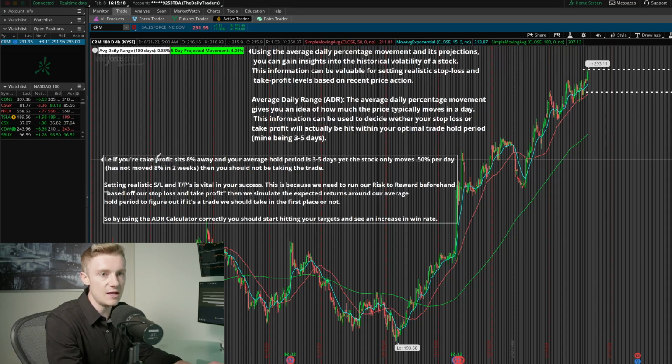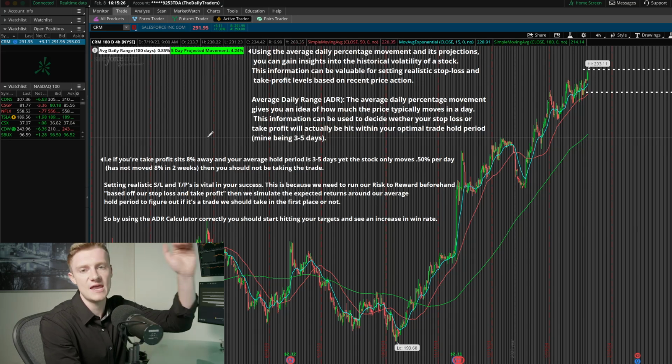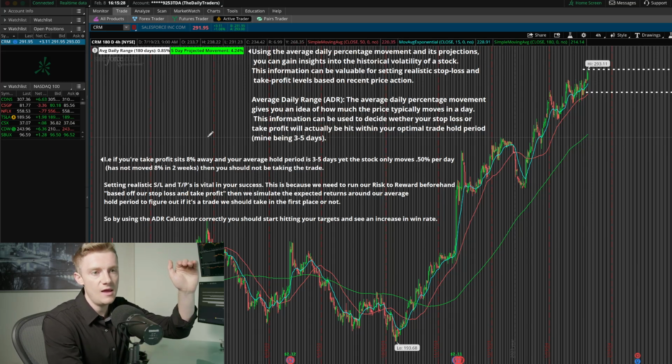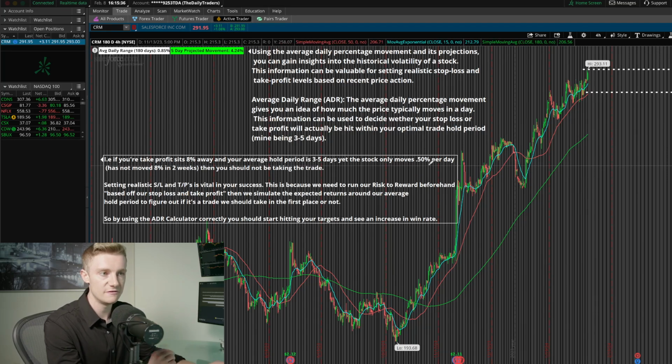So let's just say this is just a theoretical trade, right? And don't even look at the chart. Let's say your take profit sits 8% away, and your average hold period is between 3 to 5 days. Yet the stock you're looking at only moves on average 0.50% or 0.5% per day, right?